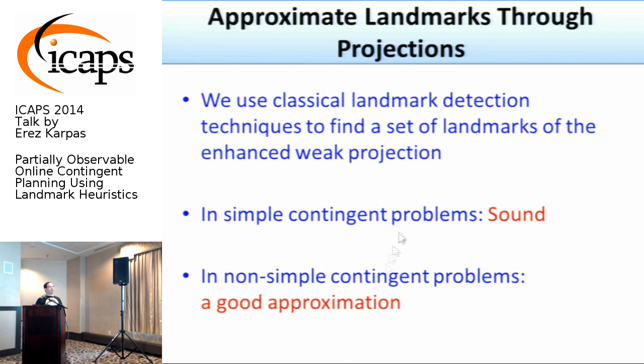So this is actually going to give you true landmarks of the contingent planning problem, something that must be true in every execution. In non-simple contingent problems, this is not always guaranteed to be the case, but our empirical results show that this is going to give you a good approximation, or at least this allows you to solve lots of problems.